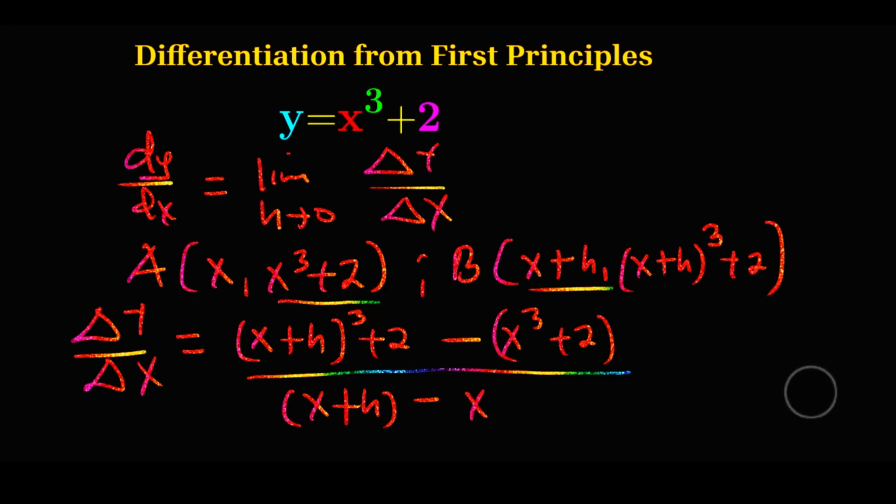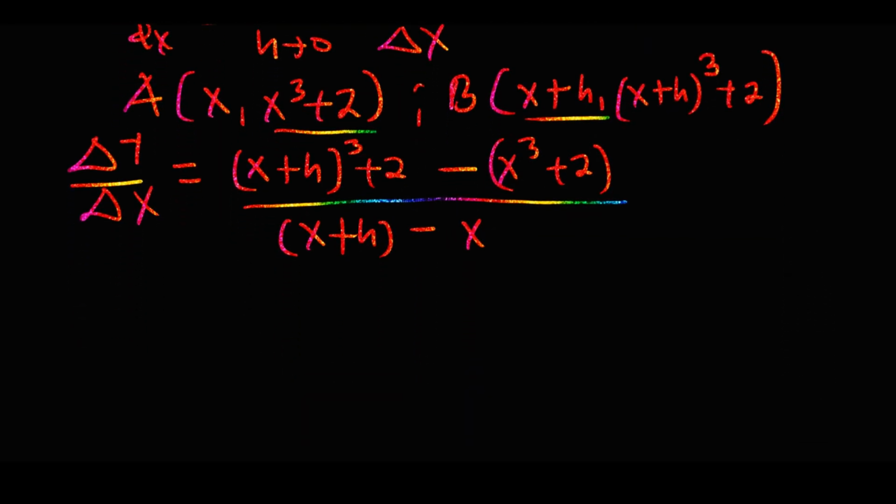So the next step is just to simplify the numerator. Here we have x plus h cubed. We cannot perform this subtraction directly, so we first of all expand it. You can use binomial expansion to do that.